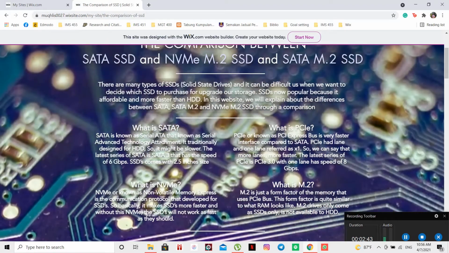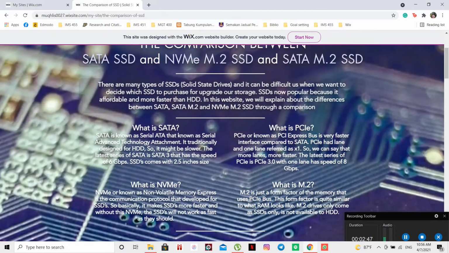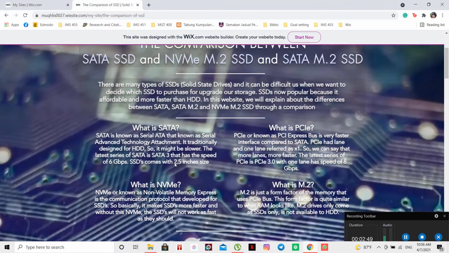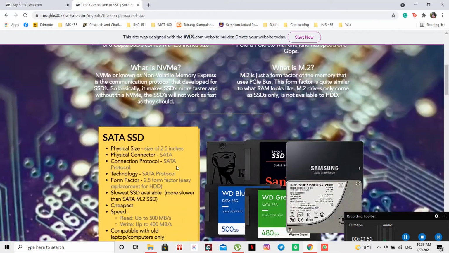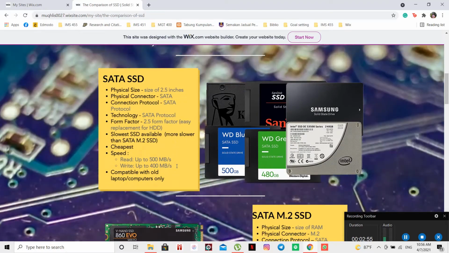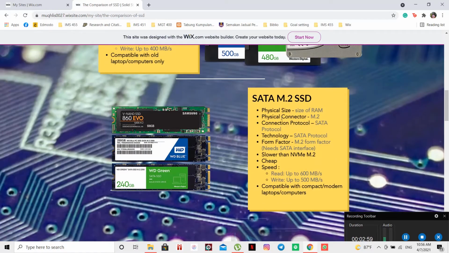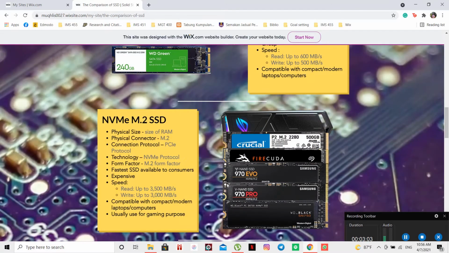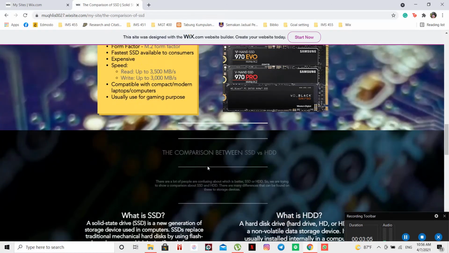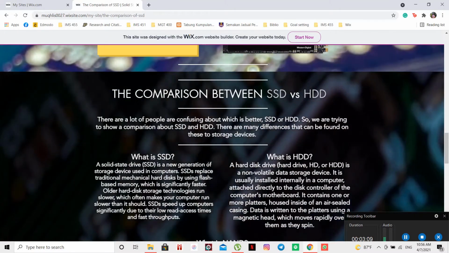We include SATA, PCIe, M.2, and NVMe. These are the examples of SATA SSDs and their performances. Same goes for M.2 SSDs. We also have NVMe. So this is the comparison part.